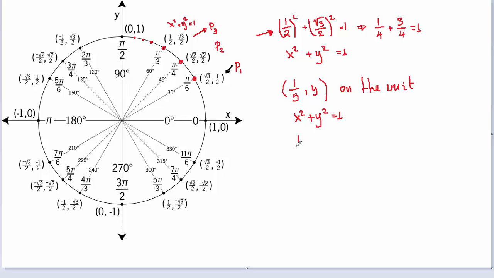If you do that, you get (1/5) squared, of course, plus y squared equals 1.